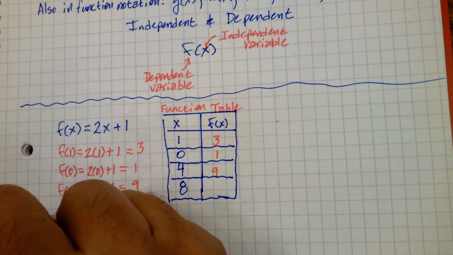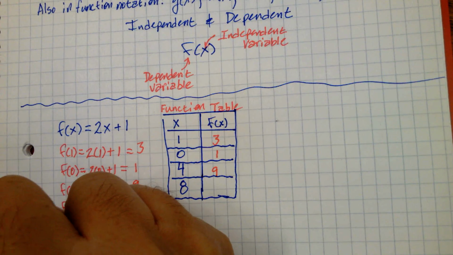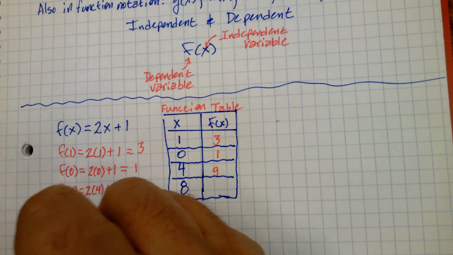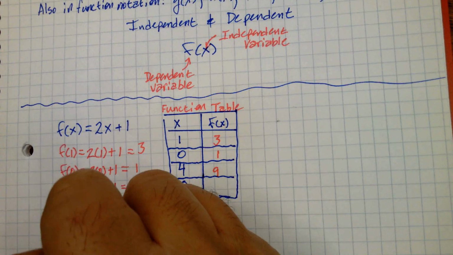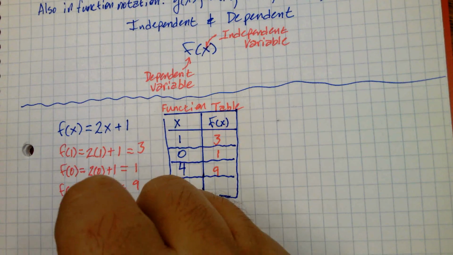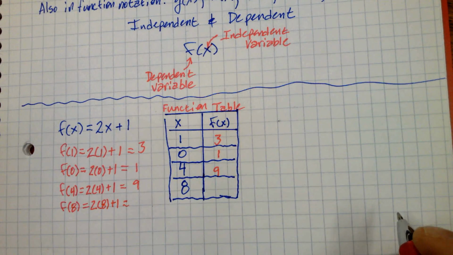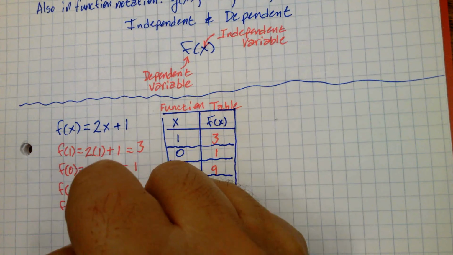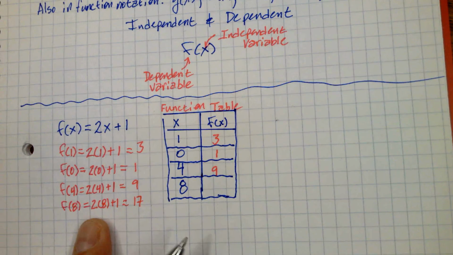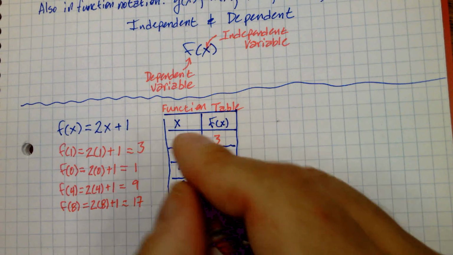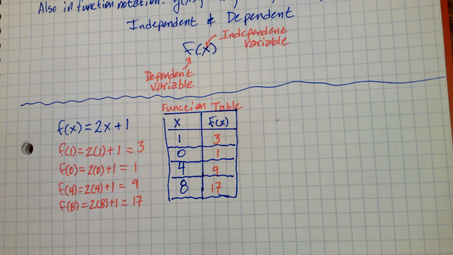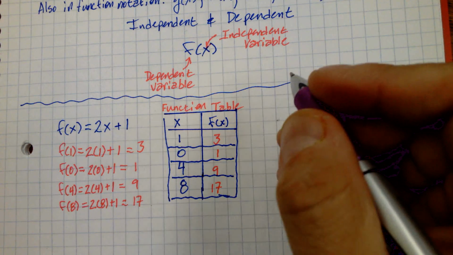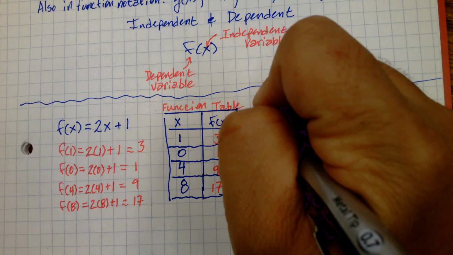And then we'll do the last one, f of 8, which is 2 times 8 plus 1. How much is that? 17. Yeah, so 2 times 8 is 16. Add the 1, 17.